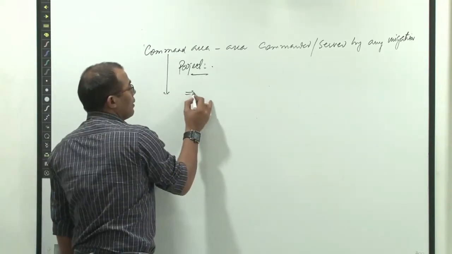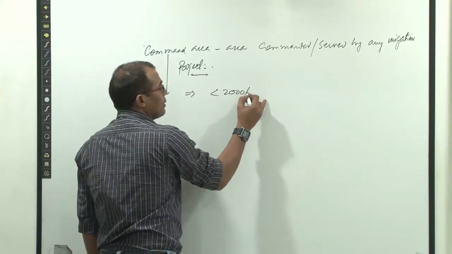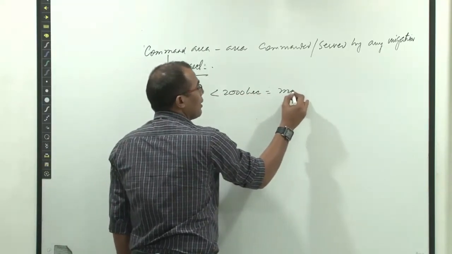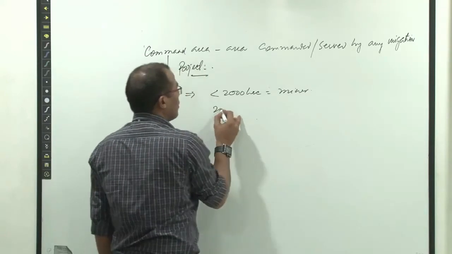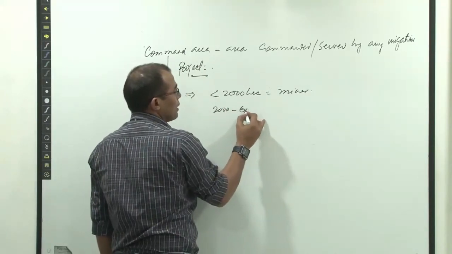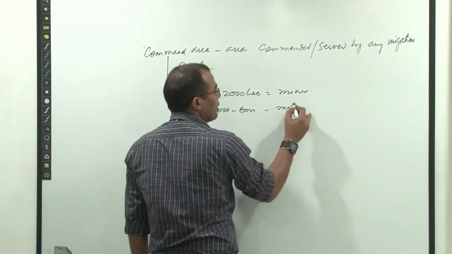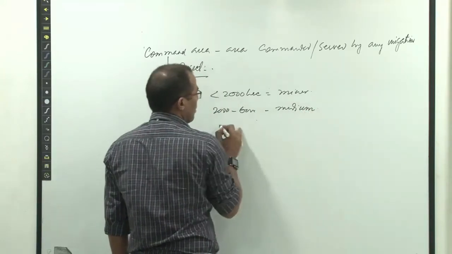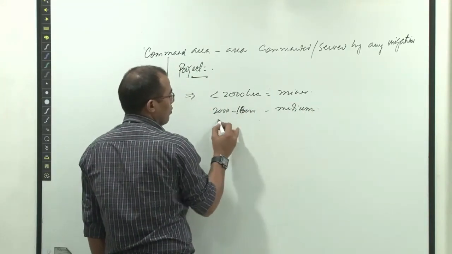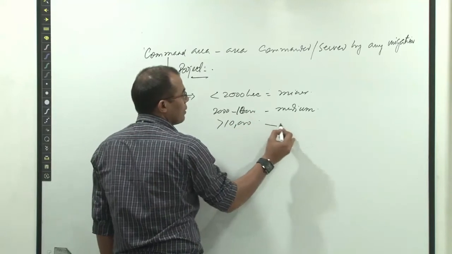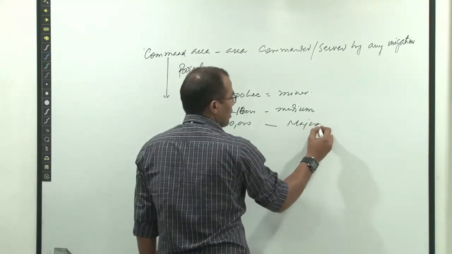Then command area less than 2000 hectares, minor irrigation project. 2000 to 10,000 hectares, medium irrigation project. More than 10,000 hectares, major irrigation project.